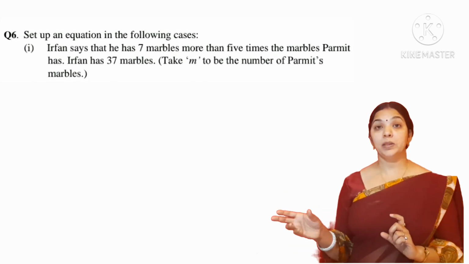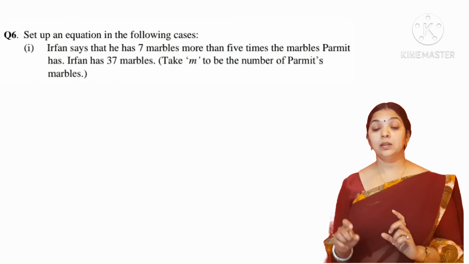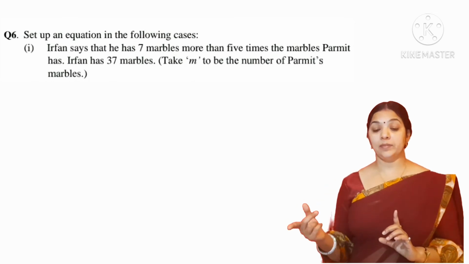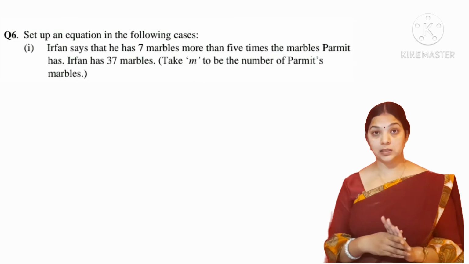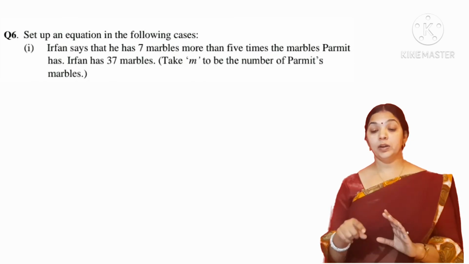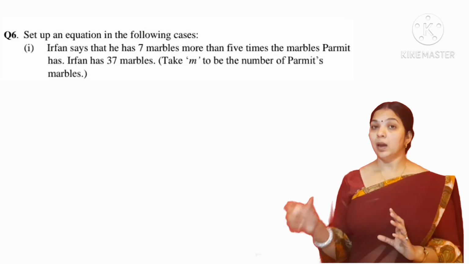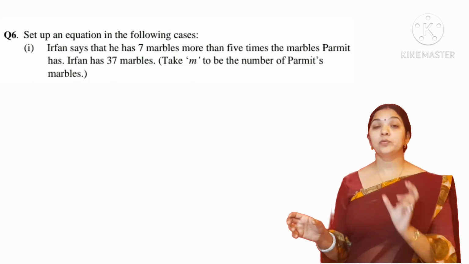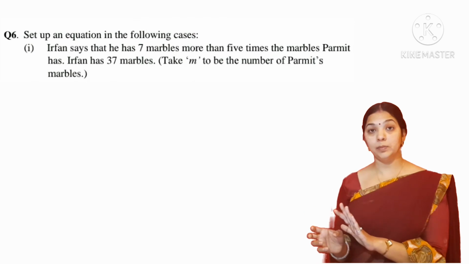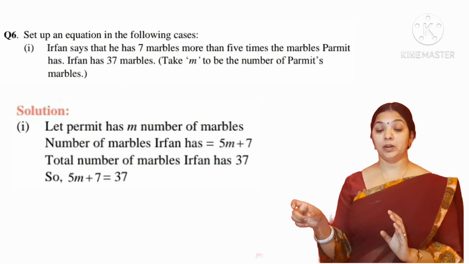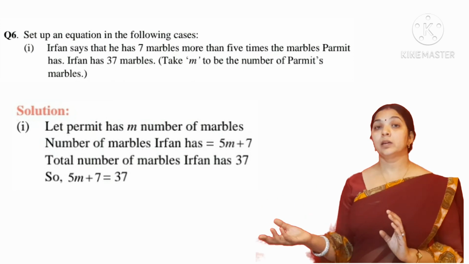If Parmit has x marbles, then Irfan has 5 times, 5x plus 7 marbles. Irfan has 37 marbles. So here you have to take m. If Parmit had m marbles, Irfan has 5 times Parmit's marbles, that means 5m plus 7 more, and the total number of marbles is 37.